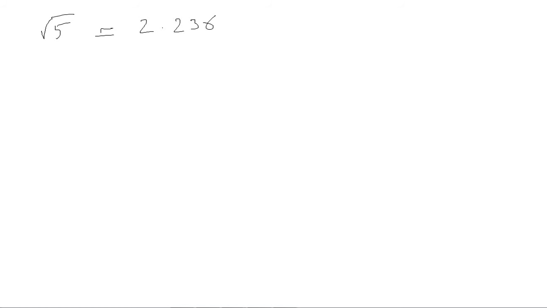If you have a very good calculator, you can calculate this up to probably 8, 10, 20 digits after the decimal point, but it never ends. It's an irrational number. Since this number can never be represented as a decimal number, we have to choose this symbol, radical 5, in order to represent it.